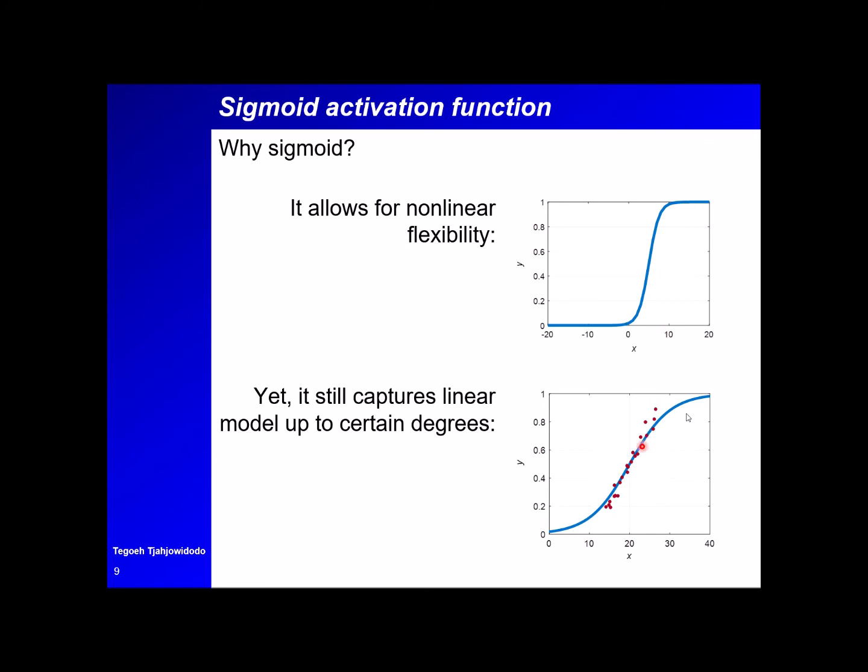So I still can capture linear data up to a certain degree, but at the same time, I introduce nonlinear flexibility in my network. So that's nice, right? That's a smart idea to improve my regression network. I will not call it regression anymore. This is my new model, new network.